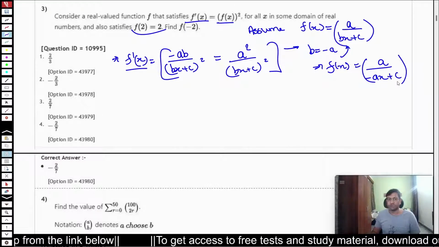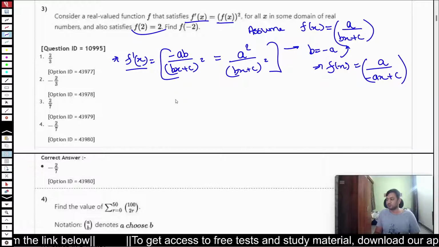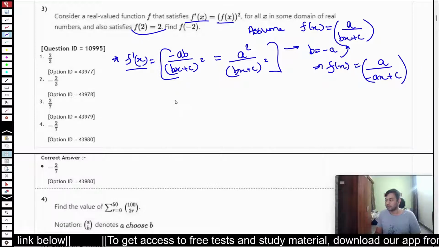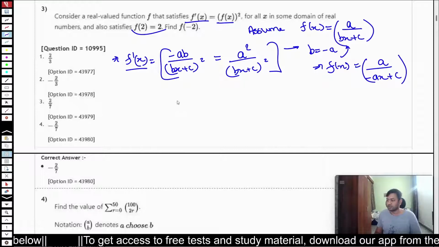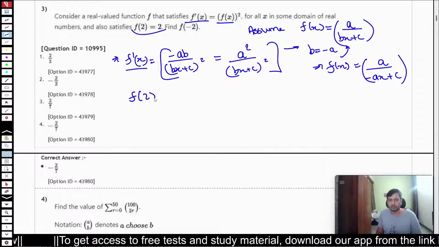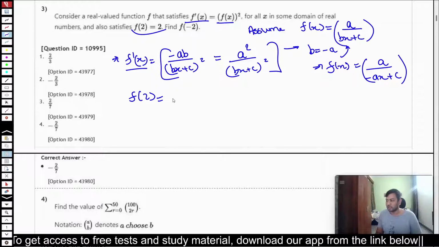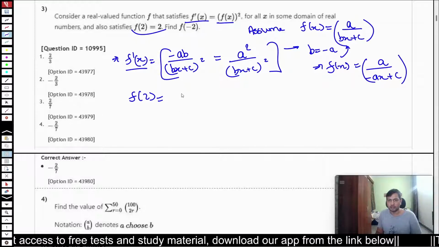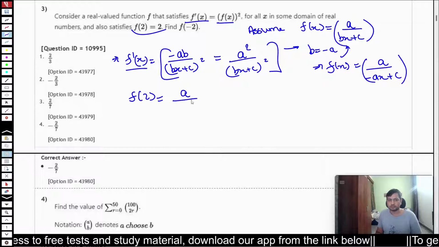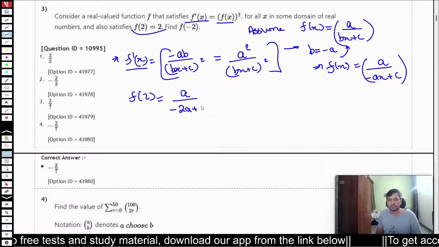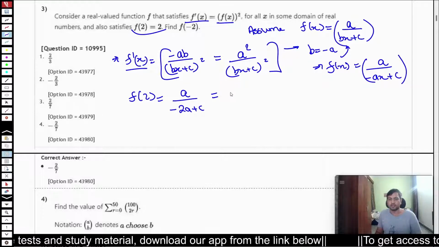So now another thing is f of 2 is equals to 2. So what is going to be f of 2 की value? So f of 2 is equals to a upon minus 2a plus c, which is equal to 2.